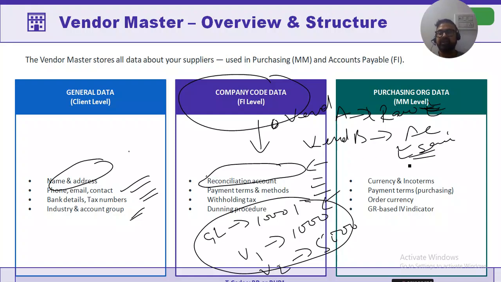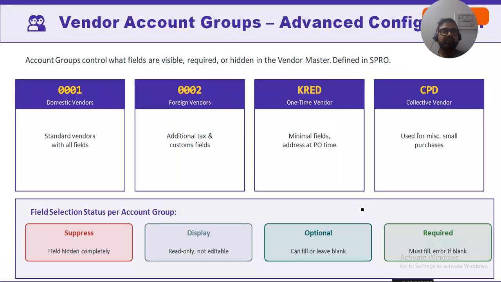Organization details means currency and Incoterms, etc. So these are the basics of the vendor details, and the vendor could be a standard vendor, domestic vendor, foreign vendor, one-time vendor, and collective vendor.